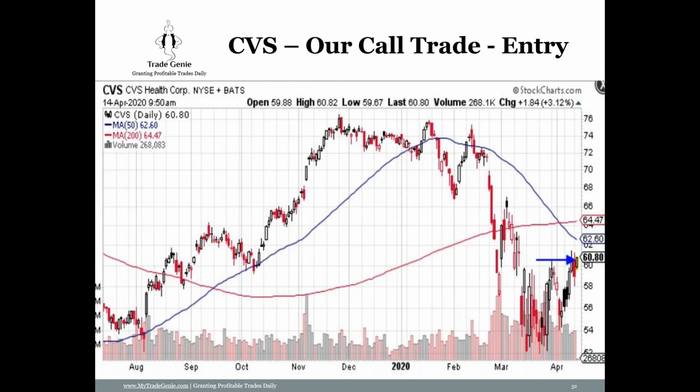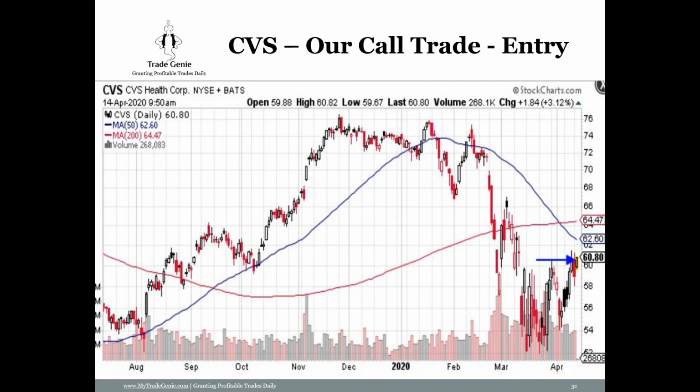CVS. All these drug companies, these distributors of prescriptions, they all tanked too, right? You see from 76 all the way to 52, so clobbered. I don't know why CVS was down, maybe because the stores are closed.